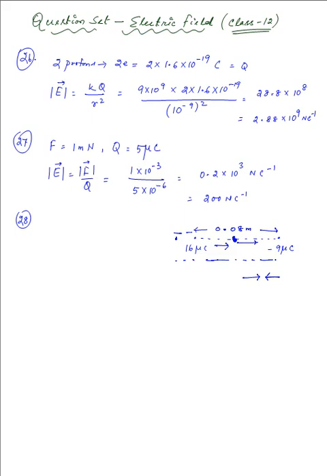So what we need is a point closer to the minus 9, because minus 9 has lesser magnitude, so obviously it can only act over a lesser distance. Let this distance be x. Then the distance from the positive charge is going to be 0.08 plus x.